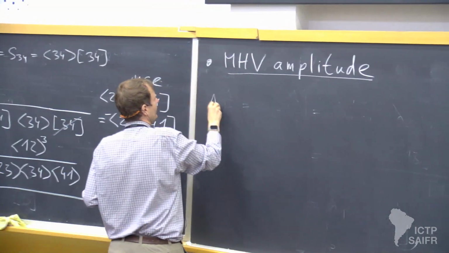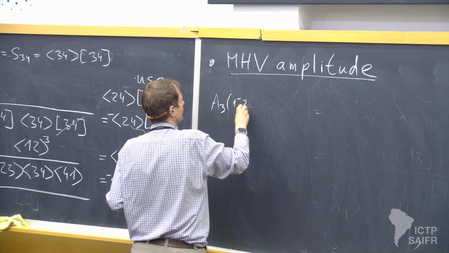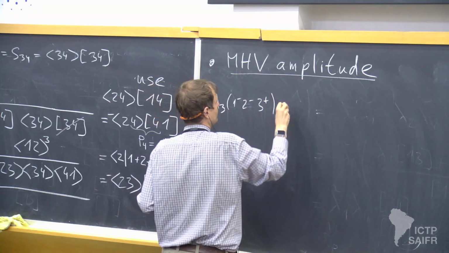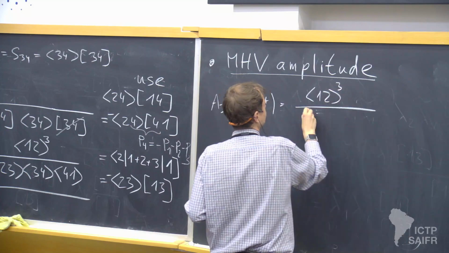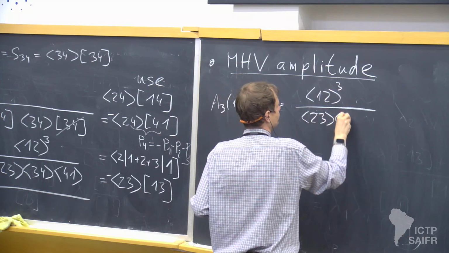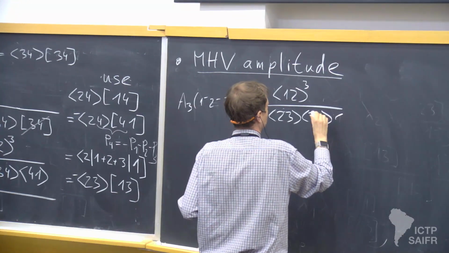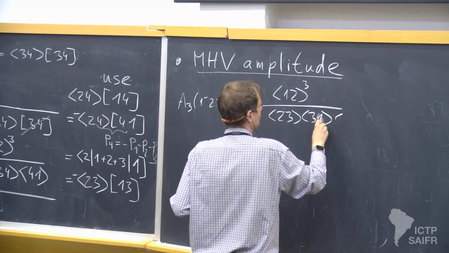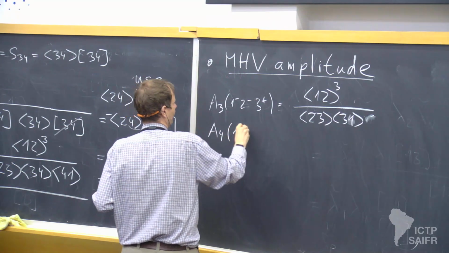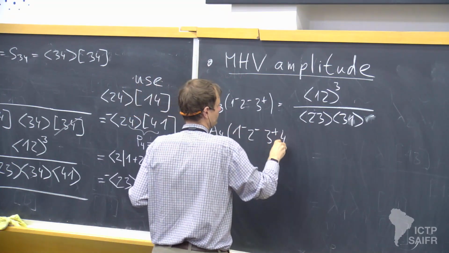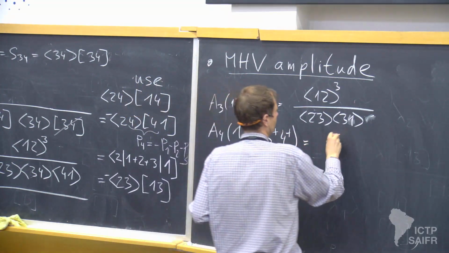We already know that the 3-point amplitude A3 with 1 minus, 2 minus, 3 plus has this form, and the 4-point amplitude that we just proved has this form.